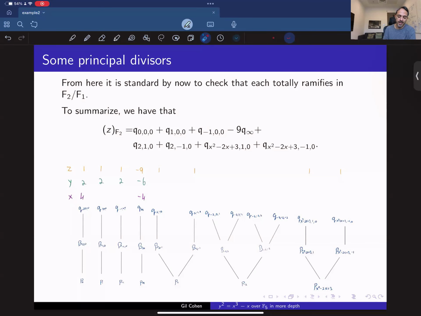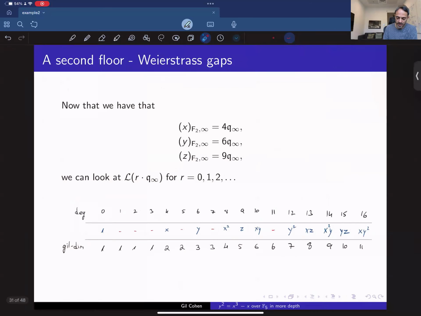So with this, let's look at some Riemann-Roch spaces. You'll see in a second why we care about that in the context of computing the genus, but let's just do that. So from here, we see that the pole divisors of X, Y, and Z are just multiples of Q infinity. In particular, X has 4 poles at Q infinity, Y has 6, and Z has 9.